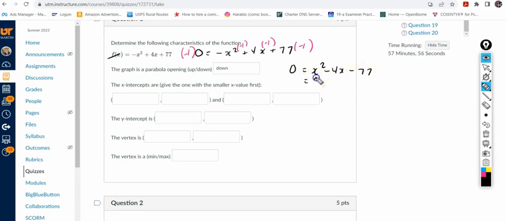Now, if I want to factor this, I need to find two numbers that multiply together to give me -77, but at the same time add up to give me -4. I know that 77 is 11 times 7, so -11 and +7 should do it. -11 times 7 is -77, and -11 plus 7 is -4.